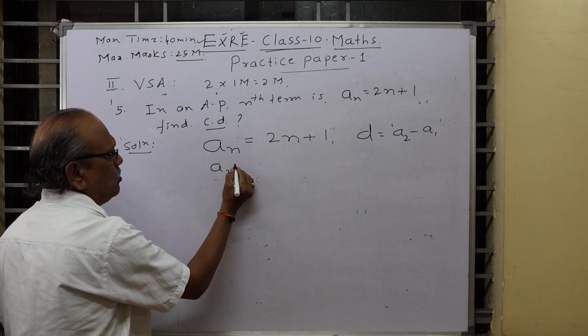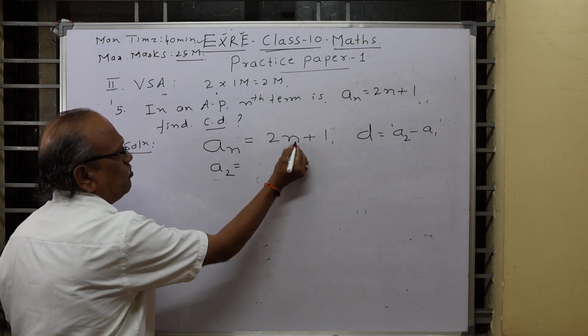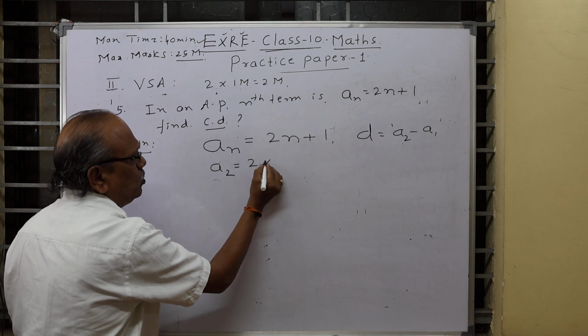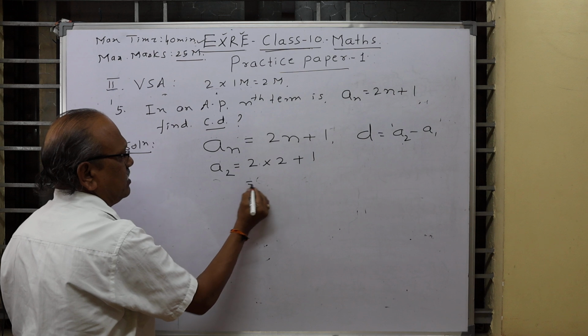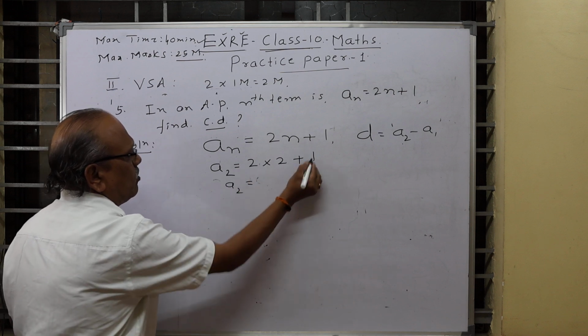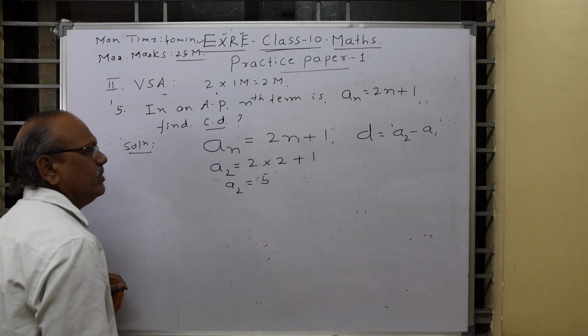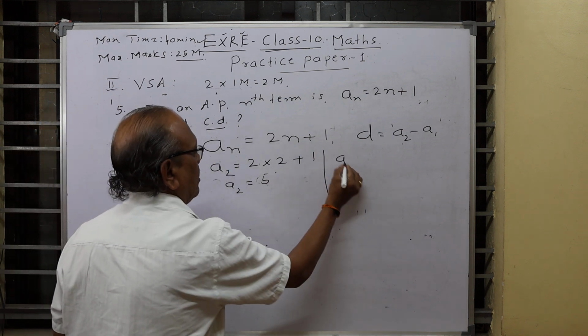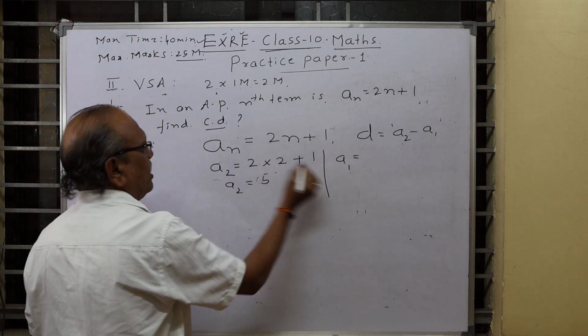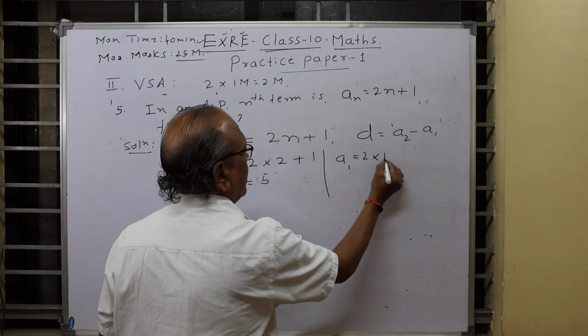What is a2? Wherever n is there, you put 2. You get 2 into 2 plus 1. What is the second term? 2 twos are 4, 4 plus 1 is 5. What is a1? To get a1, I will put n is equal to 1 here. That is 2 into 1 plus 1.